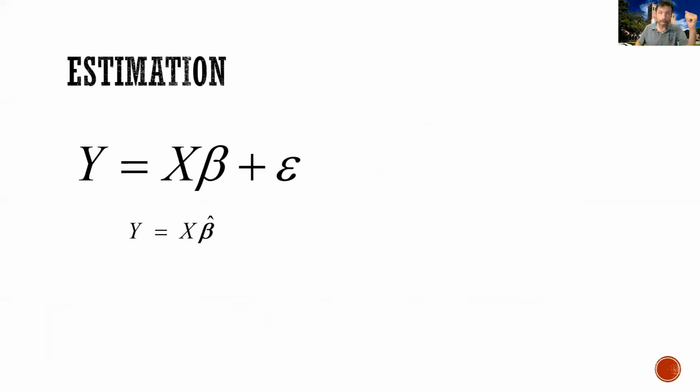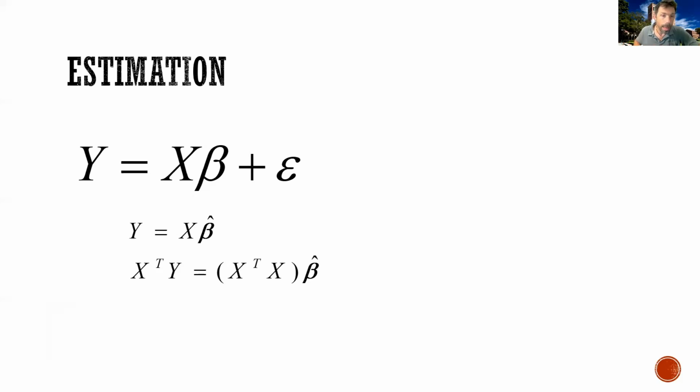However, what we can do is we can pre-multiply everything by X transpose. And now X transpose X, of course, in and of itself is a square matrix, so long as X is not rank deficient, so as long as it has full column rank.